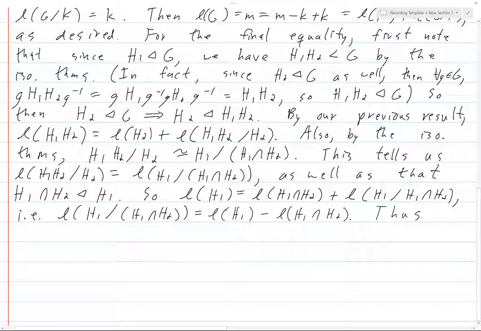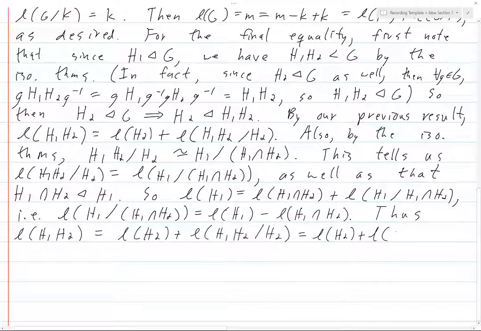Thus, we now go to the length of H1 H2, and so now what is this? We proved previously that this is the length of H2 plus the length of H1 H2 mod H2. But now this is equal to the length of H2 plus, now we replace the second thing by H1 mod the intersection of H1 and H2.